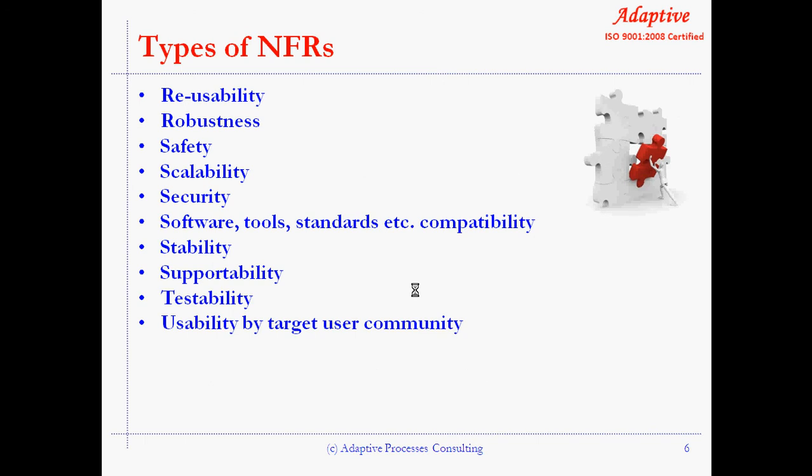Then the requirements are with respect to reusability. That means how much part of the application would you like to be reused for future development. Robustness again indicates whether the application can handle exception behavior properly. Safety aspects, if there is anything applicable to it.